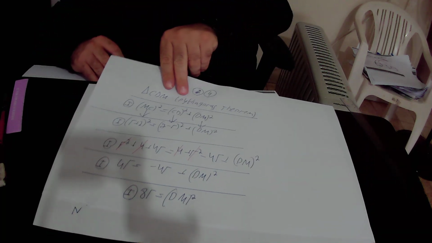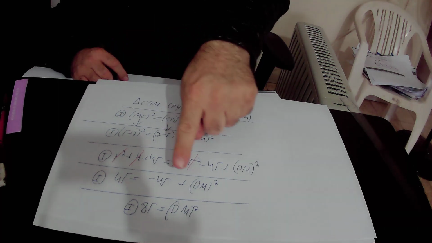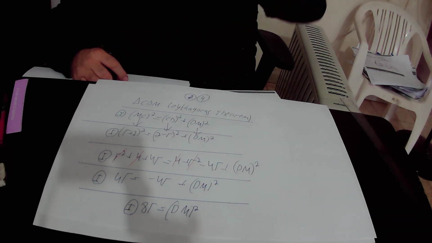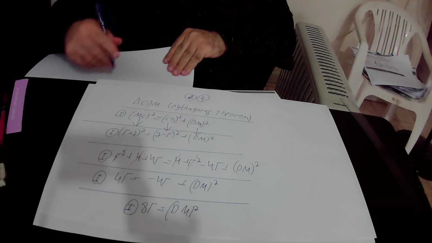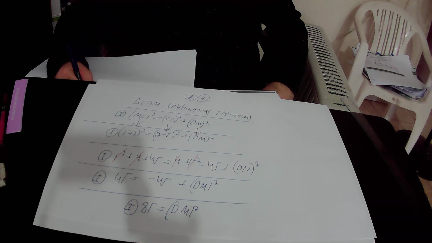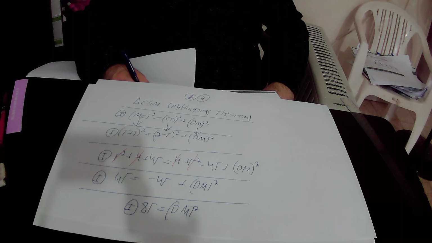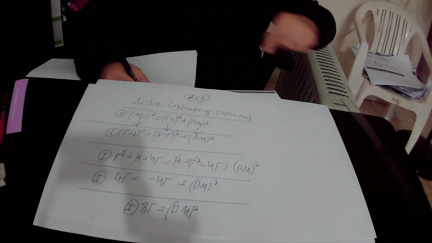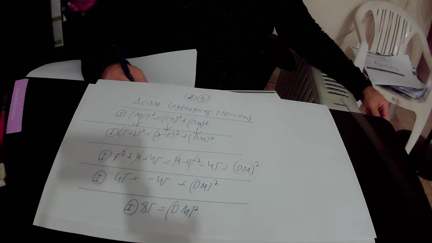So here we will take a root out of equation number 1, and we will get that the value of DM, according to this equation, DM equals the square root of 8R.